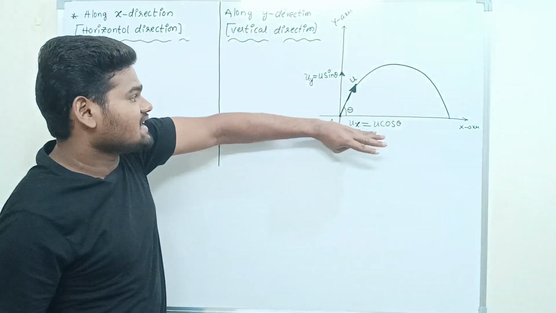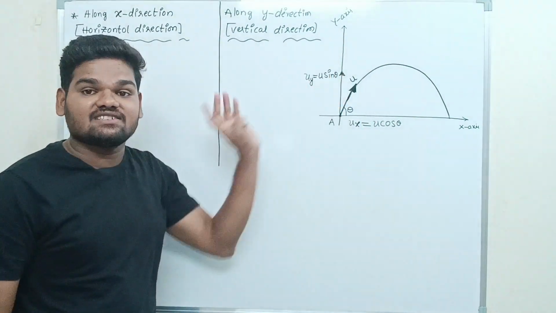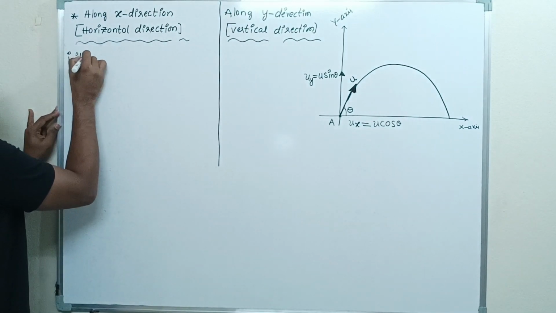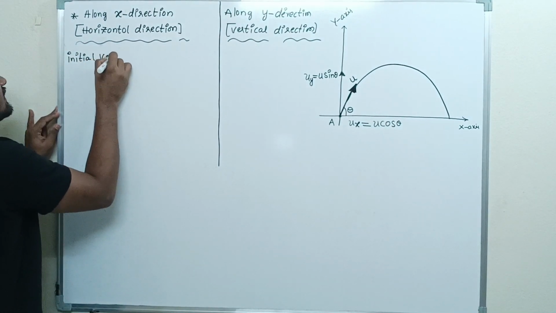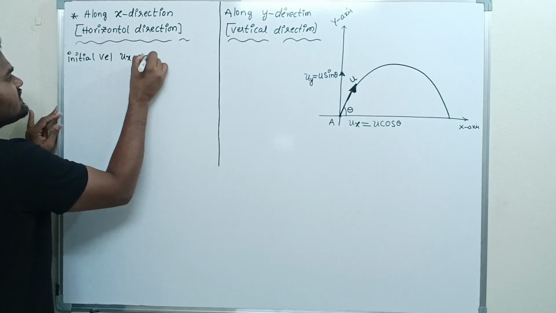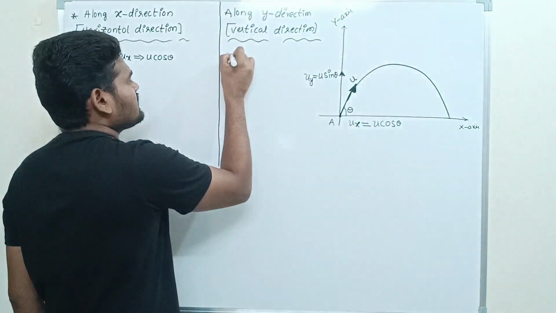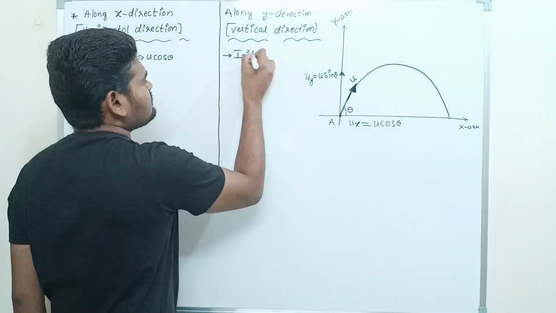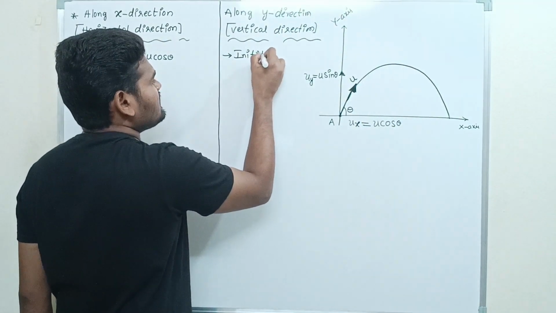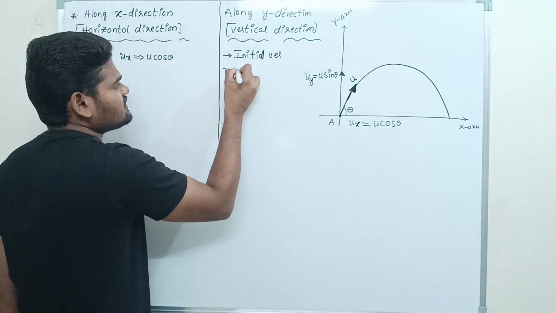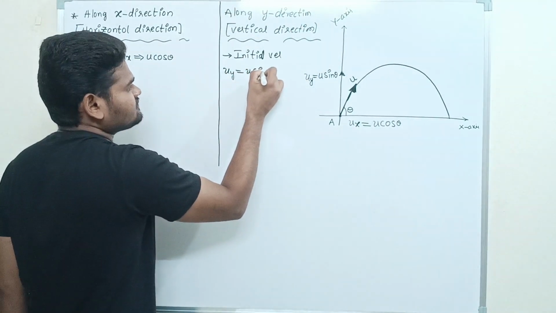So we got the initial velocity components along the x direction as well as the y direction. The initial velocity ux along the x direction is u cos theta. The initial velocity along the y direction, uy, is equal to u sin theta.